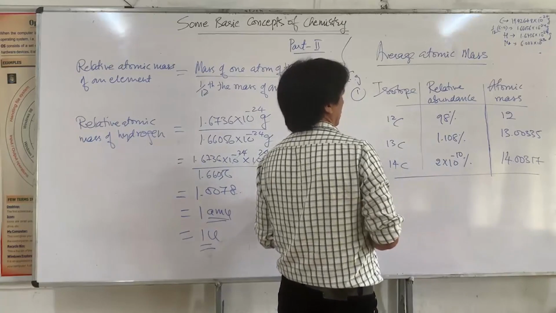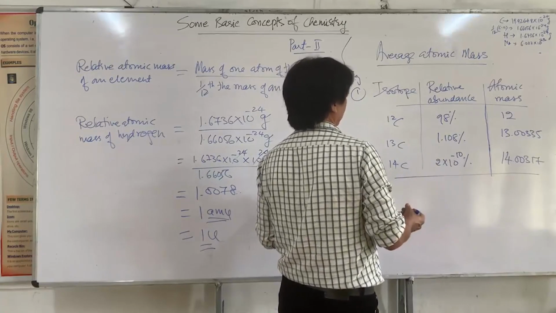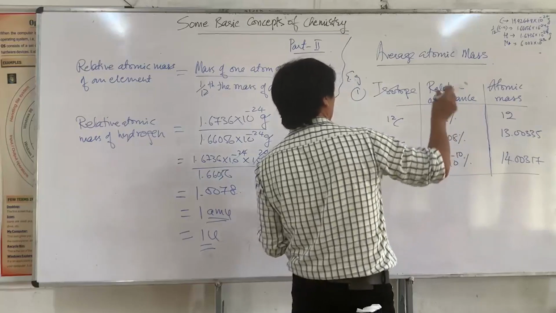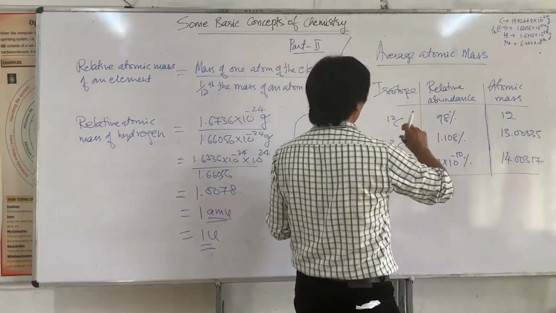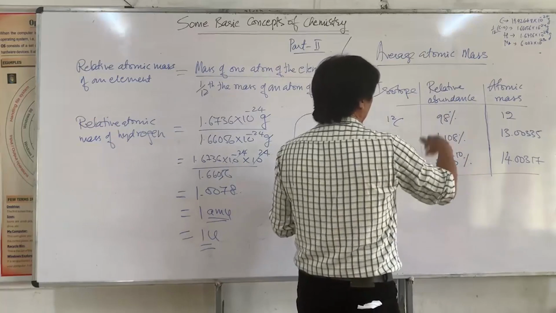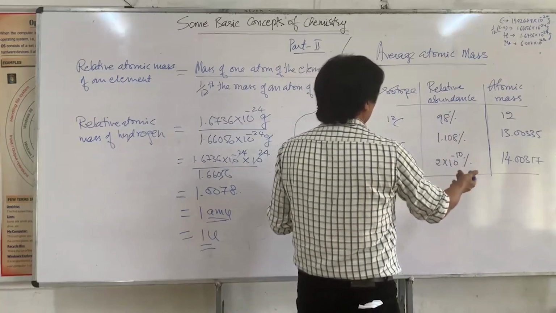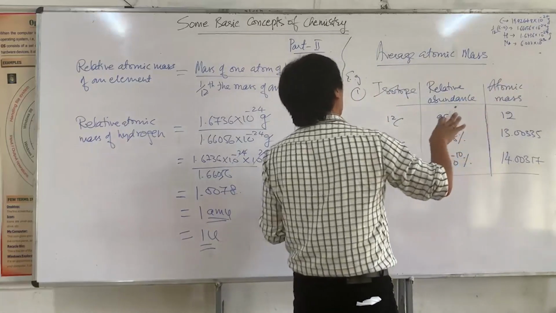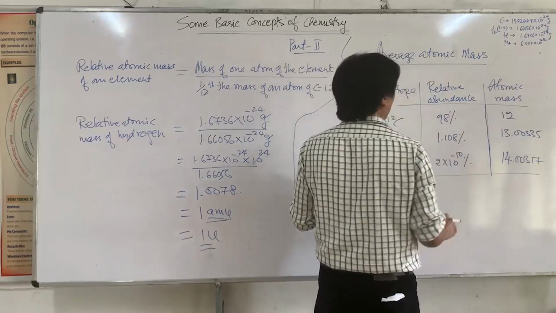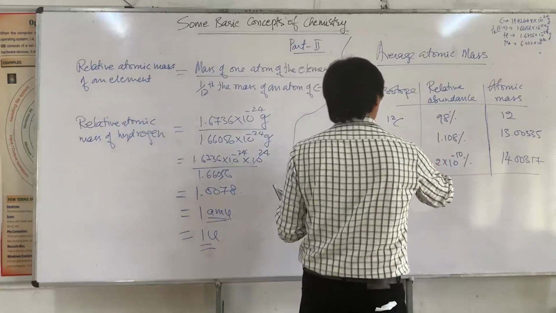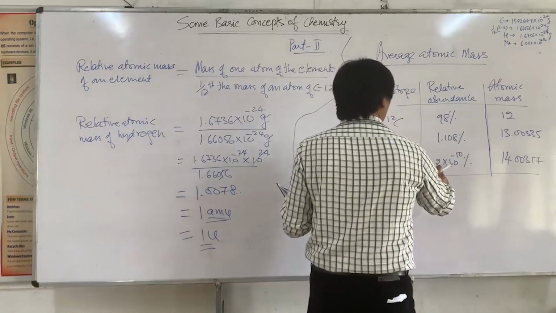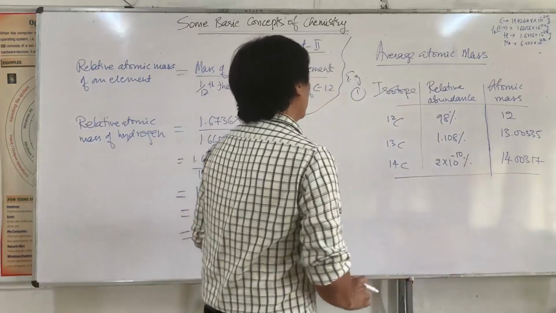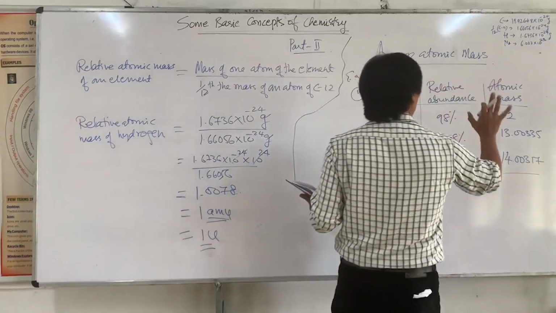The carbon that exists in nature exists in the form of isotopes carbon 12, carbon 13, and carbon 14. Their abundances: 98% of carbon in nature is carbon 12, 1.10% is carbon 13, and carbon 14 is a very small amount. So now what we do is add all these up by calculating.